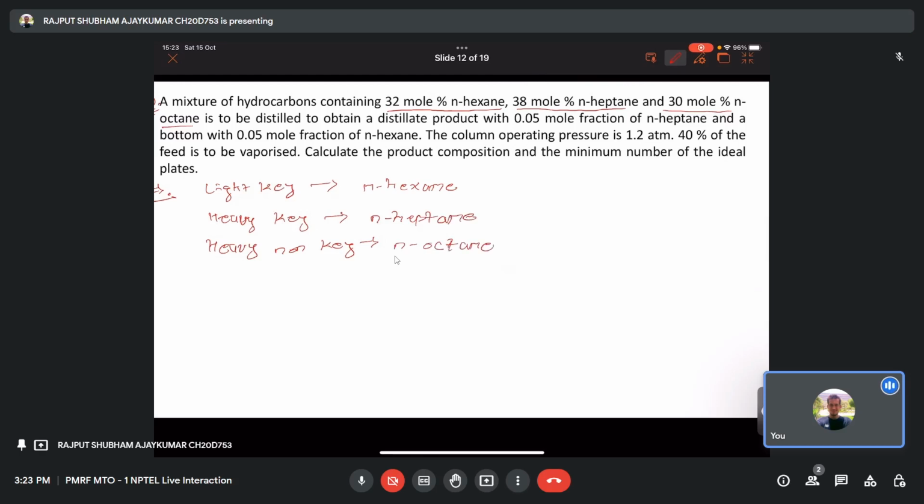Now we make some assumptions before we proceed with the solution of the problem. The first one is that no n-octane is in the distillate.